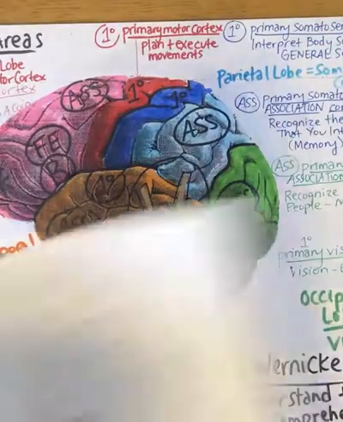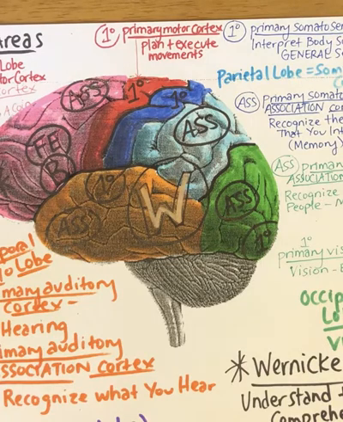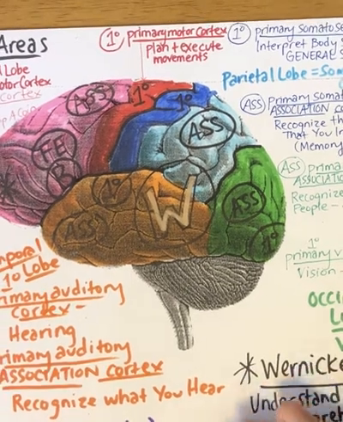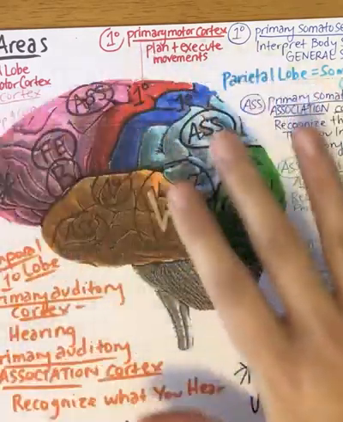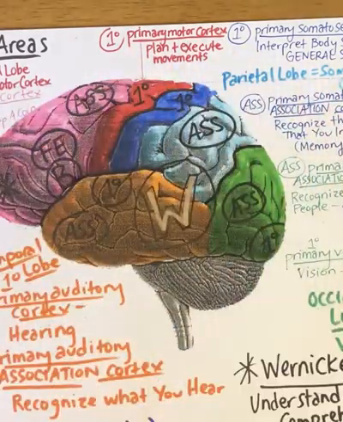There'll definitely be some questions, but we need to cover things that are deep in the cerebral cortex. So remember, the cerebrum is the largest and it's got the most functions.